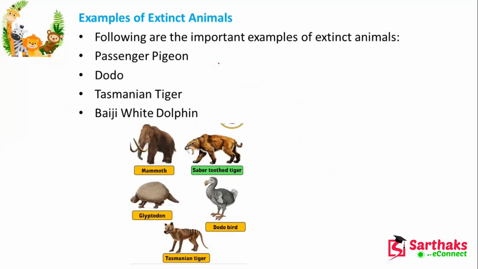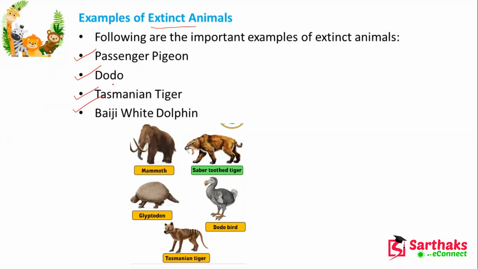That means no other generation of that species is present now. So this is extinction. Now, several examples we can give, like the passenger pigeon, which is not present now, the dodo, the Tasmanian tiger, and the fuzzy white dolphin.